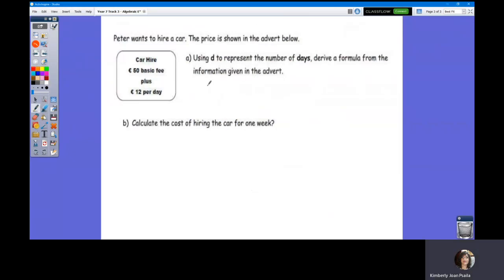So imagine I have T representing total cost. T is equal to 50, representing that 50 euro basic fee, plus I need to pay another 12 euro per day. Per day meaning times D, which is the number of days.